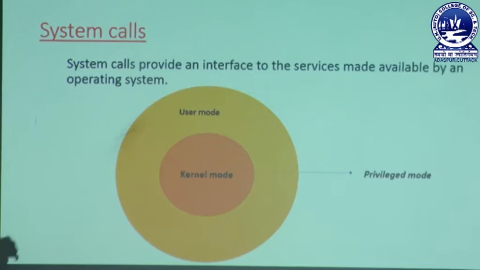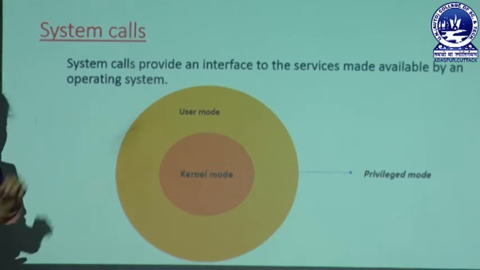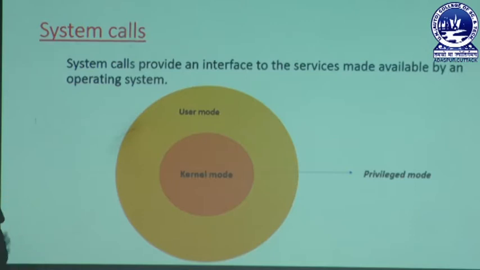a program can execute. If a program is executing in user mode, then that program does not have direct access to the memory, the hardware, input output devices and such resources.